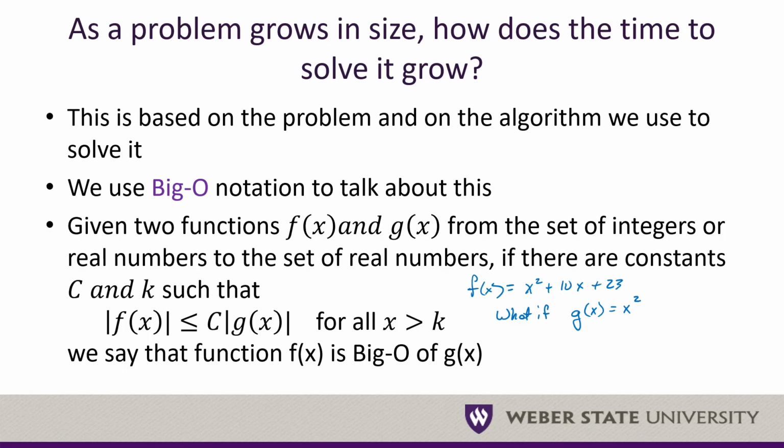We know that since f of x is x squared plus 10x plus 23, that's always going to be bigger than x squared. However, the question is, is there a point where I can multiply this by something and I can just ignore this part?